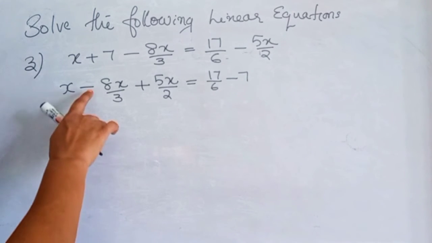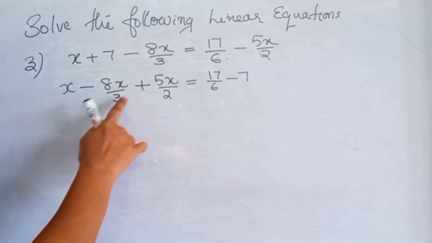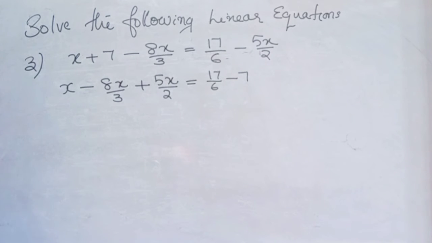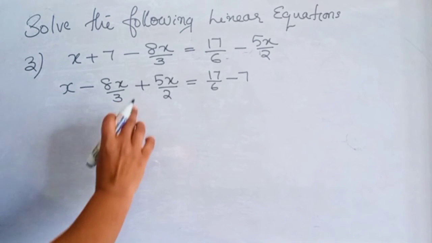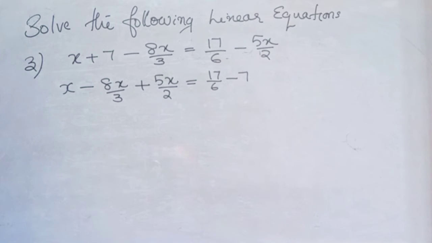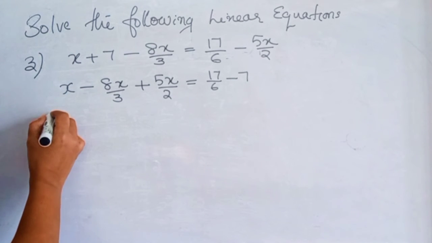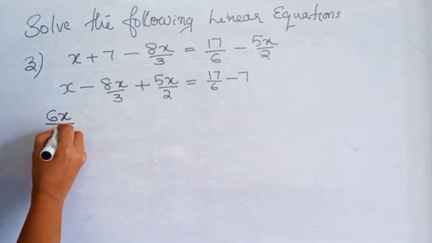Now I told you, whenever you see fractions, take the LCM. So this part we know 3 2s are 6. 6 is the LCM. So first x we can multiply and divide by 6.